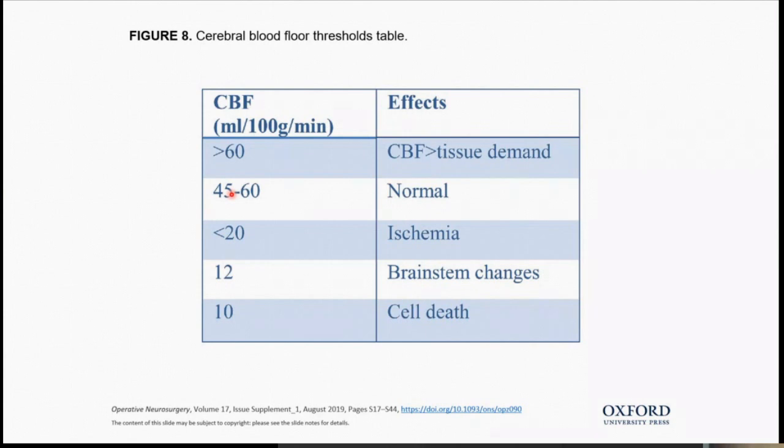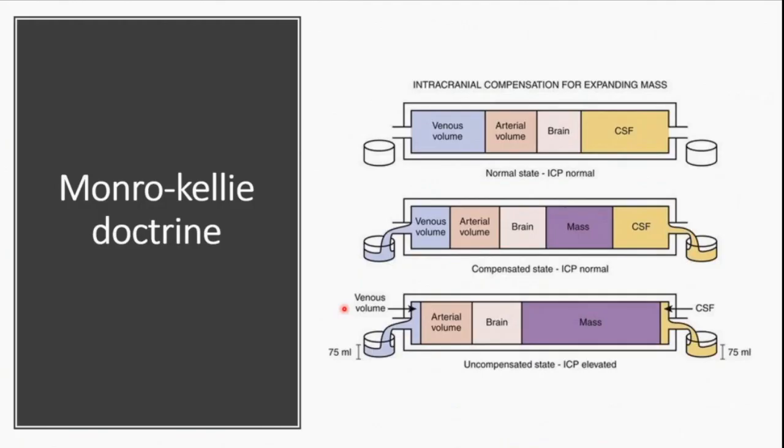Below 20, you start to get ischemia. At 12, the brainstem is very resistant to decrease in the cerebral blood flow, but below 12, you start to see some changes, and you are going towards brain death, which happens when you have a cerebral blood flow below 10.